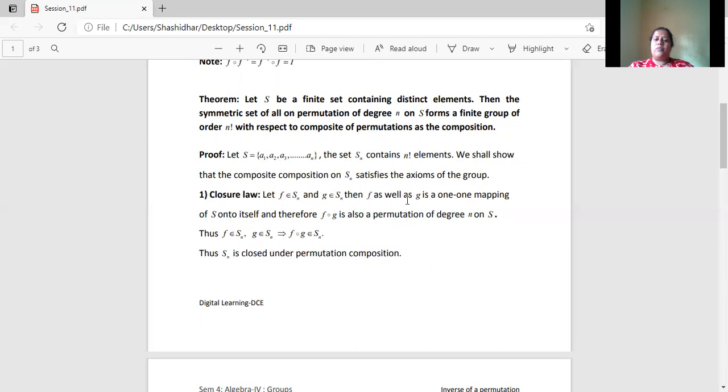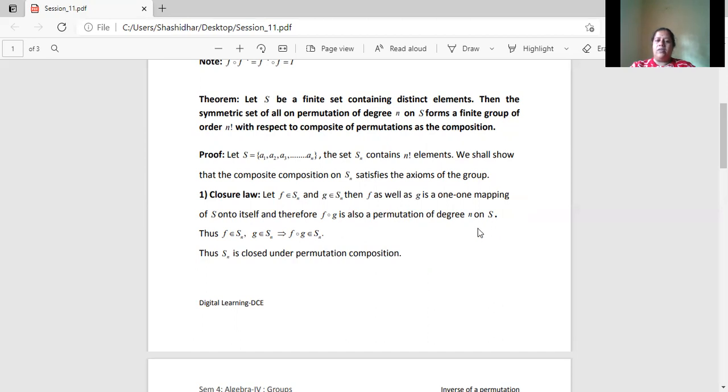Then F as well as G is a 1-1 mapping of S onto itself. That is, F and G are two permutations, so from the definition of permutation we know they must be 1-1 and onto, and therefore we can write their composition F composition G is also a permutation of degree n on S.